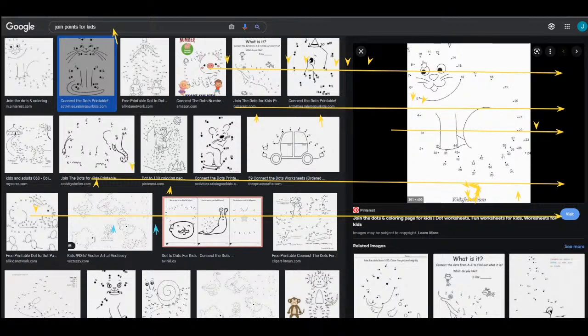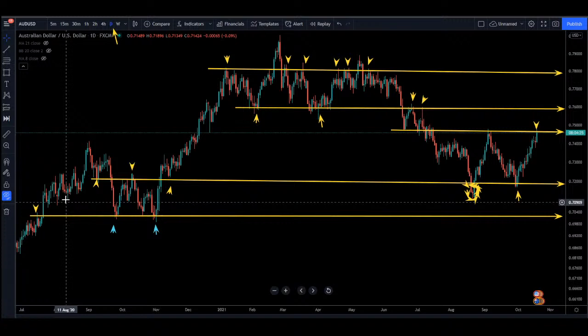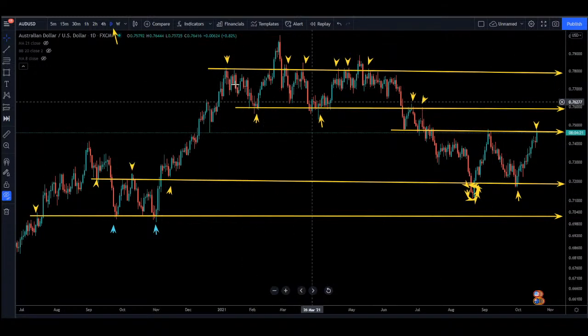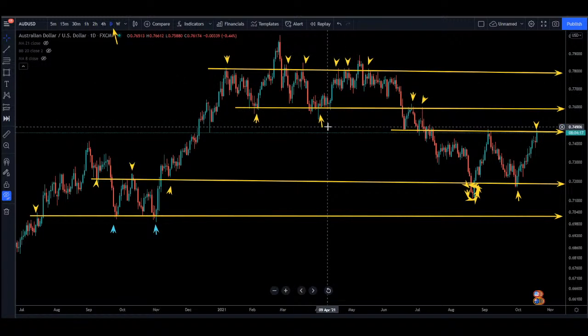For example, here you had the numbers 10 to 11 to 12 to 13 and then 14 and then 15, right? I think we all did this when we were kids. So that's pretty much what we do here. We just have to join pivot points, right? From left to right. If I have these pivot points, 1, 2, 3, 4, 5, 6, I just have to join them.